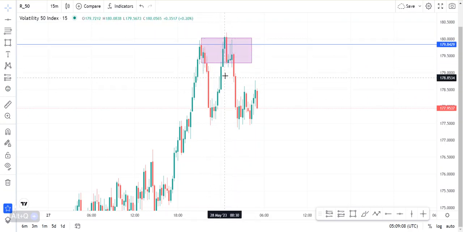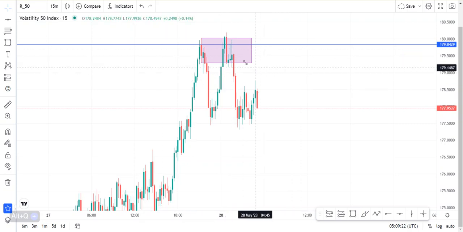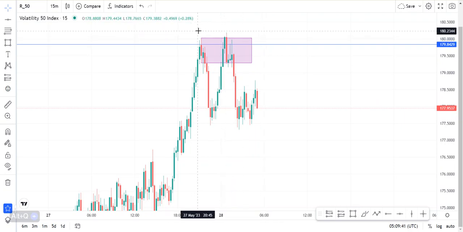Then there is this push up, then push down, then a proper rejection here, so probably you would have taken the trade here once the candle closed. Because of the first push, this rejection candle, then the second push, then it rejected, you would have taken this trade, going down, and your stop loss would have been somewhere above the high of this.